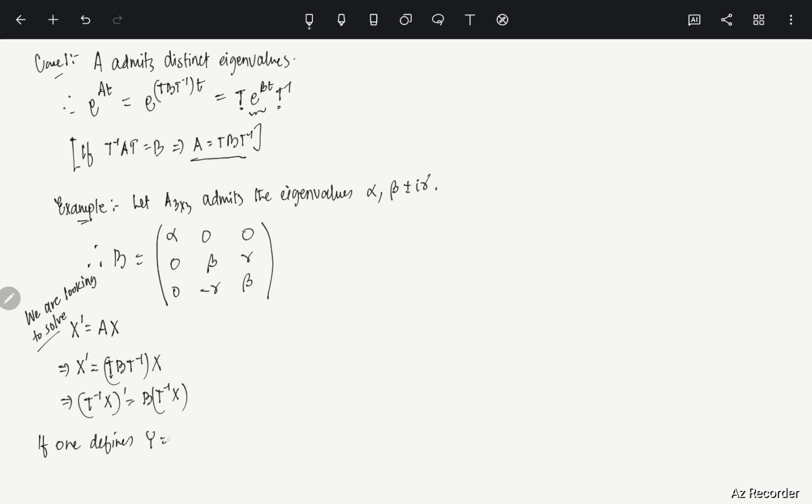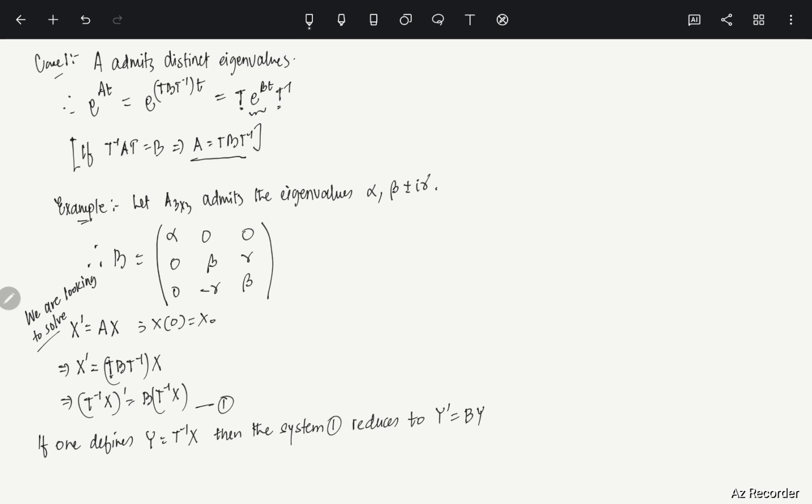Okay. Now, if one defines y to be nothing but T inverse of x, let's call it 1, then the system 1 reduces to y prime equals B y. And the initial data is x of 0 equals x0.